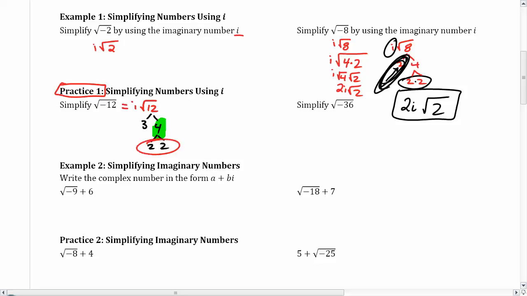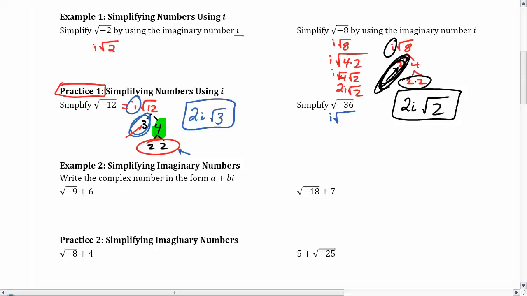Now, you see these double 2's. Circle them. You see this 3 left over. It's by itself. What do we have? Well, we have 2 from our circles, I from the front, and then it's the square root of what's left over? 3.